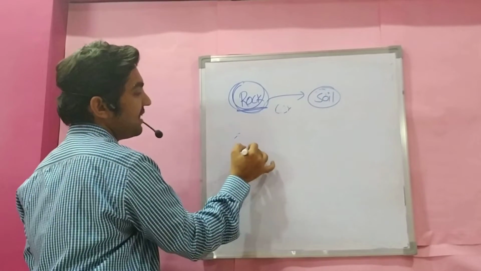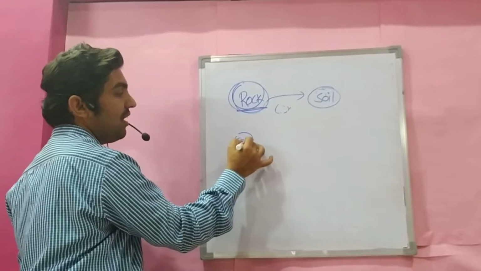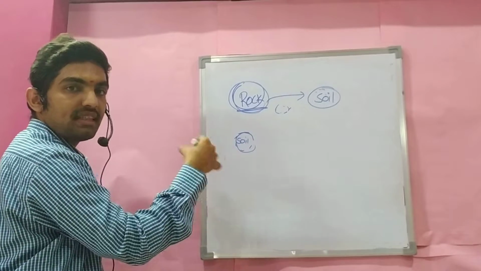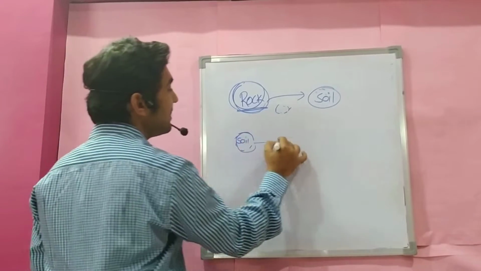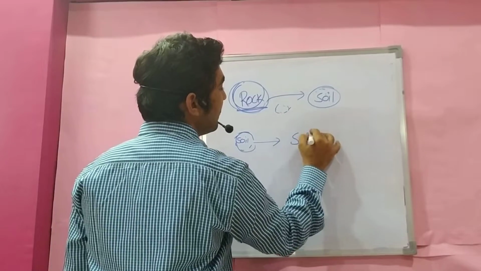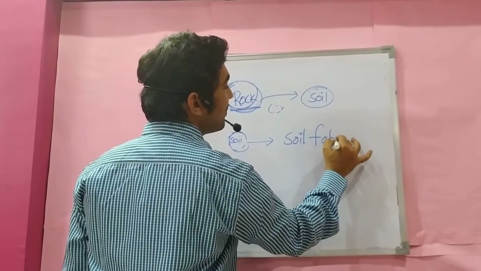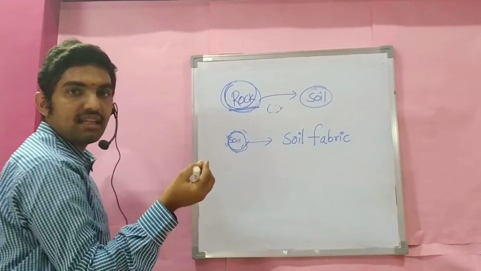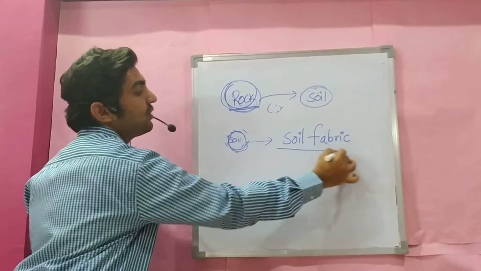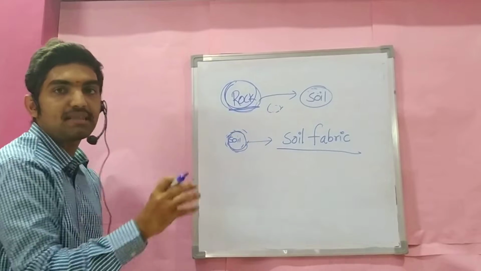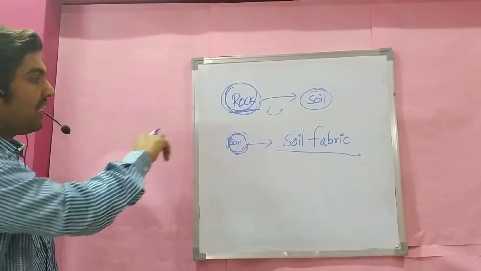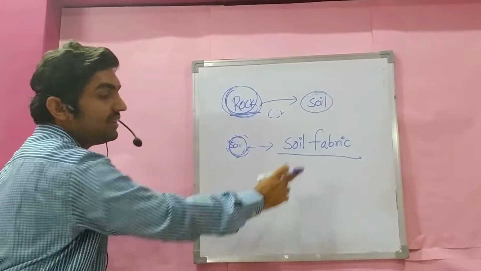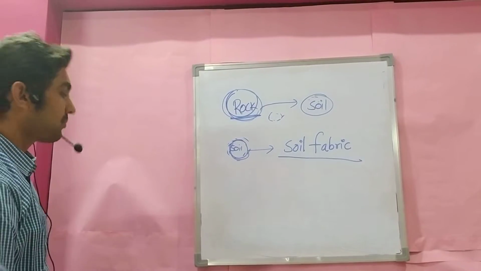So the mineralogy, suppose take this is a soil, all the amount of minerals present in the soil is known as soil fabric. This is the structural arrangement of the minerals inside the soil. All the minerals are arranged in the deposits. This is called soil fabric. The structural arrangement of all the minerals in a given soil mass is known as soil fabric.